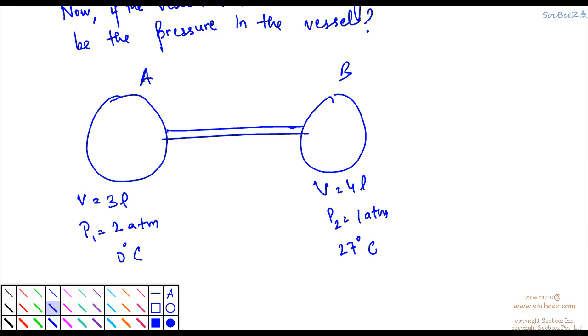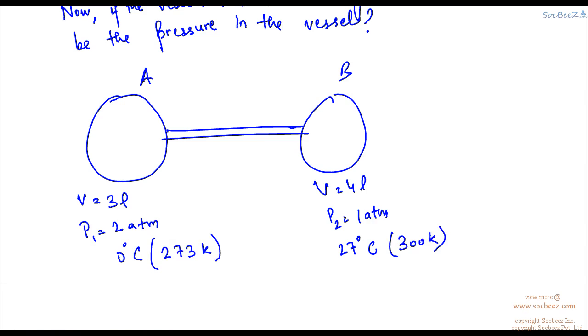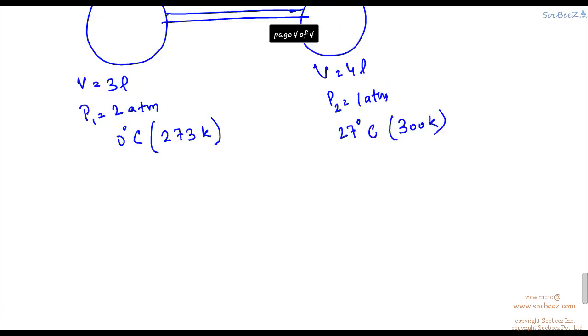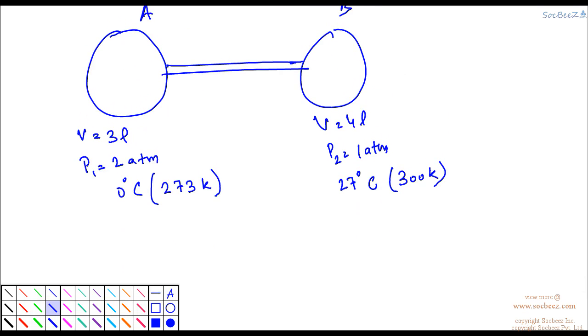Okay, so one thing is for sure, let's first convert them into kelvins. So this would be 273 kelvins and this would be 300 kelvins. One thing is for sure, that the total energy in the starting and the total energy in the end would be the same, correct? Because there would be no loss of energy, because we are connecting them by a tube.